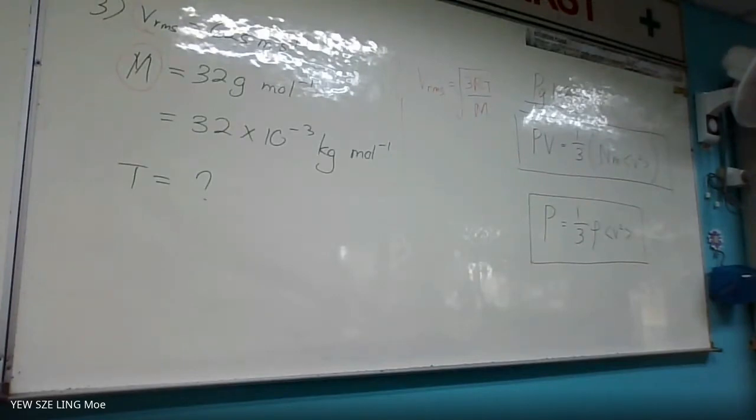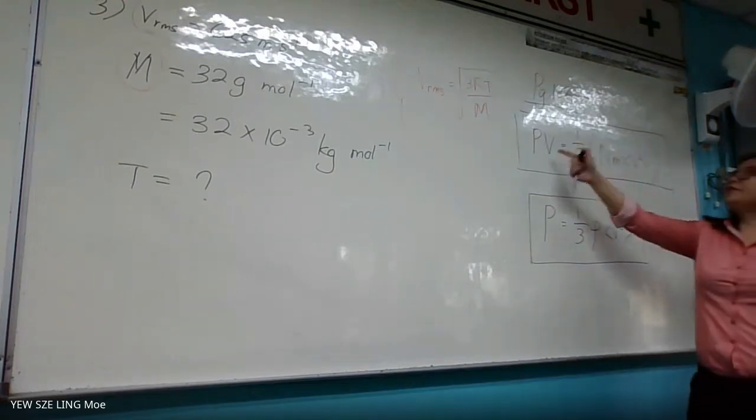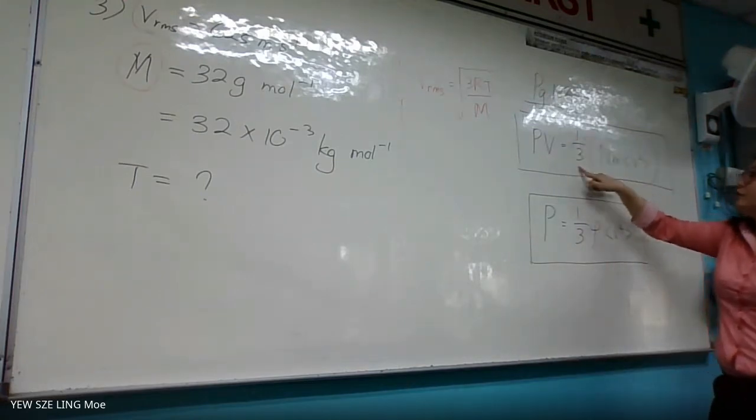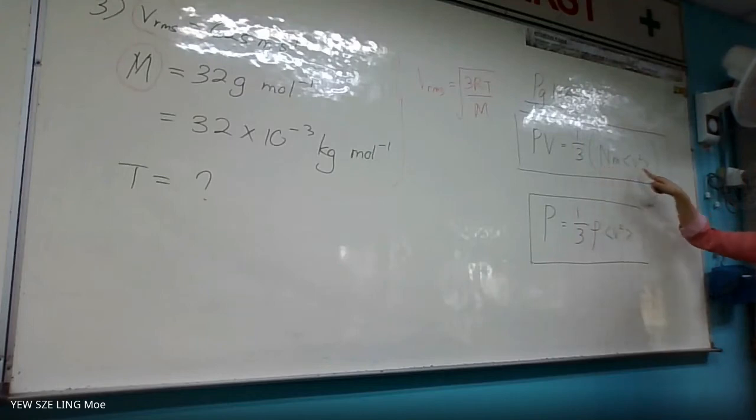These two equations also came from a derivation. And once again, I'm not going to show you how to derive it. What you have to do is just write it down and then apply it. If you look at the first equation, PV equals 1/3 N m mean square v.